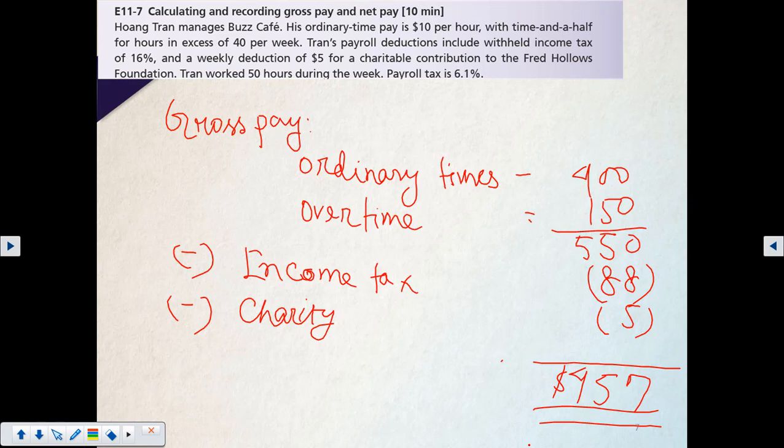You can claim back later sometimes if you donate somewhere. If they give you the receipt, there are some registered organizations you have to donate to, and then you can claim back your tax. Then they will reduce that income, but for the time being you keep it simple here. $457. So this is the net payment.